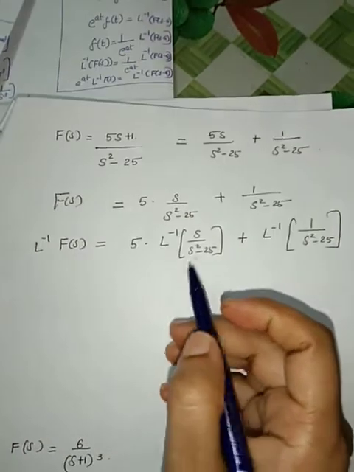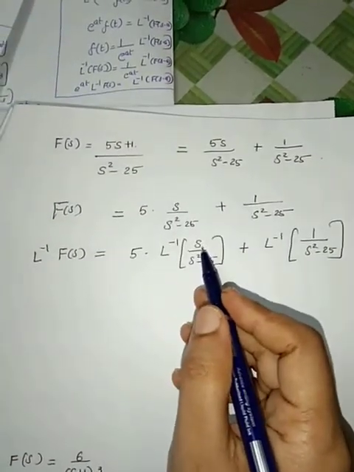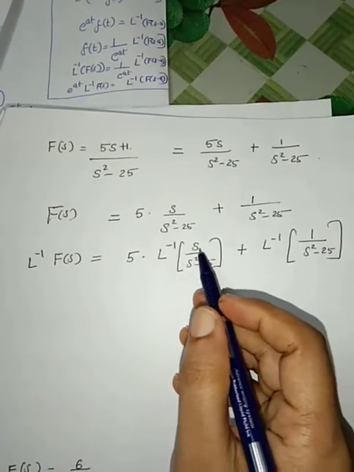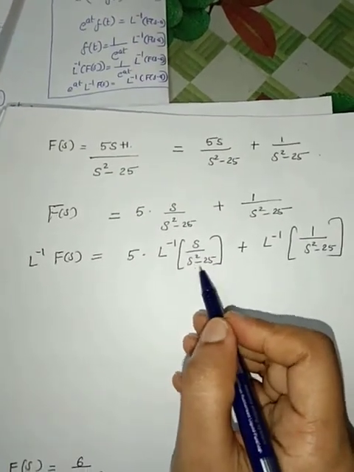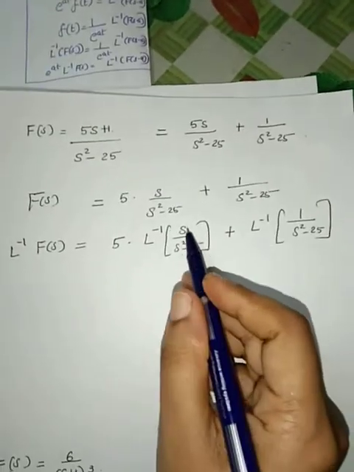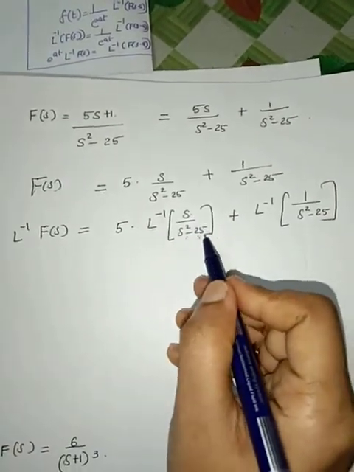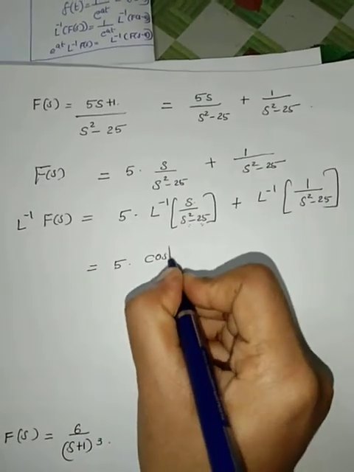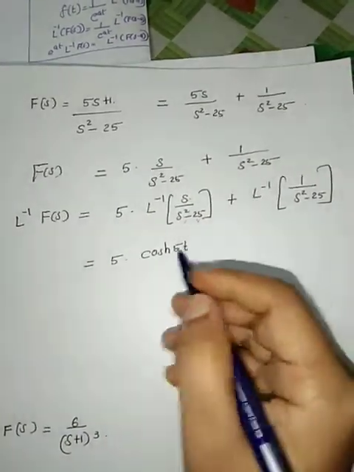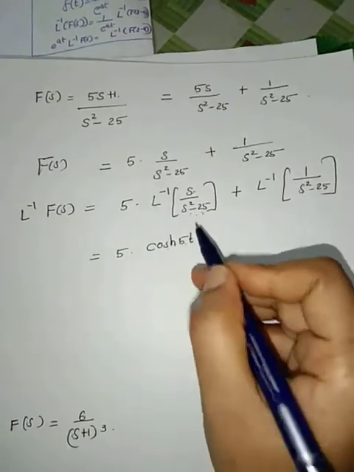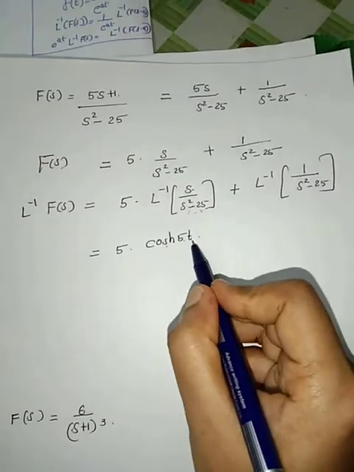We know that L of cosh at is s divided by s square minus a square. So here the value of a is 5. So what is L inverse of s by s square minus 25? It is equal to cosh 5t, since we know that L of cosh 5t is s divided by s square minus 25. Therefore, its inverse is cosh 5t.